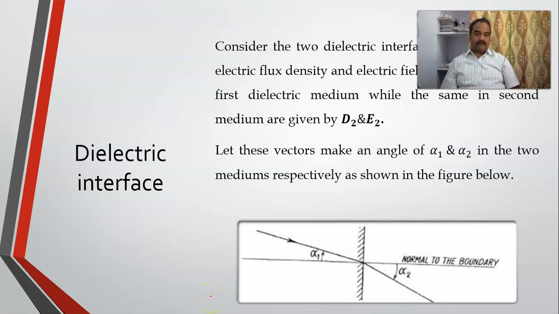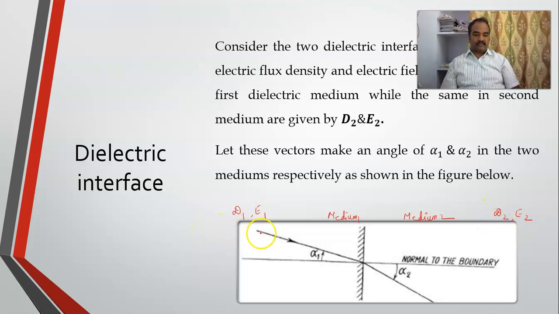Okay. Now, this is my boundary interface which I have considered. This is medium 1 and this is medium 2. In medium 1, let us suppose the flux density is D1 and the field intensity is E1, and this is D2 and this is E2.